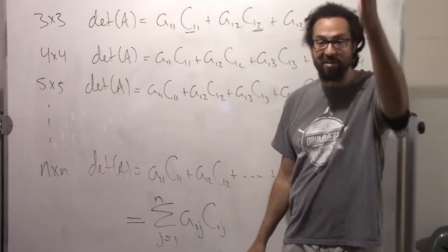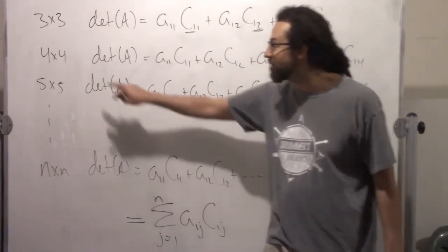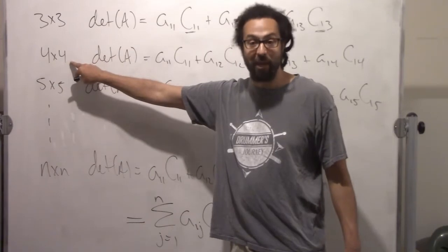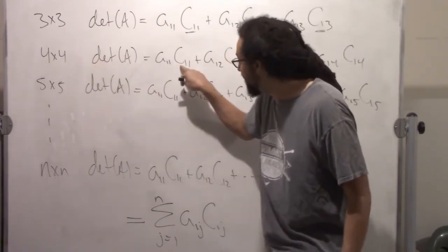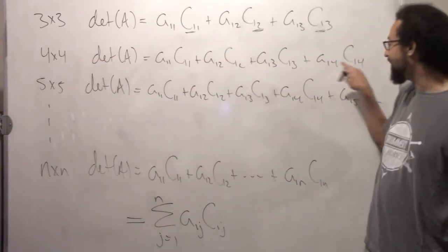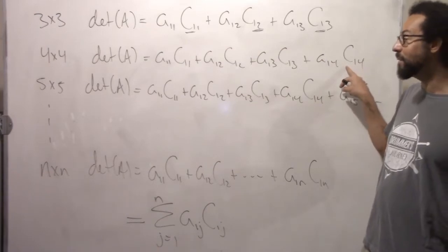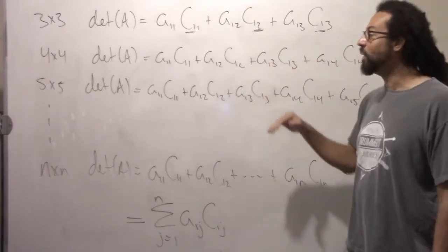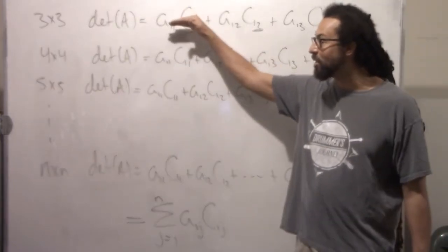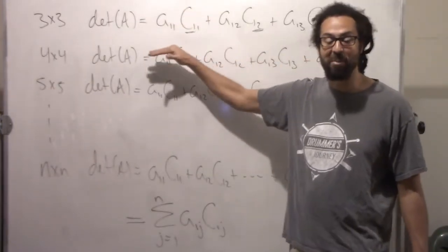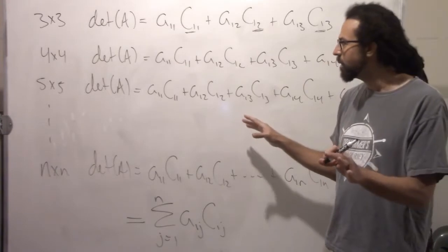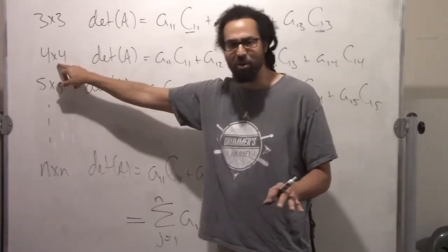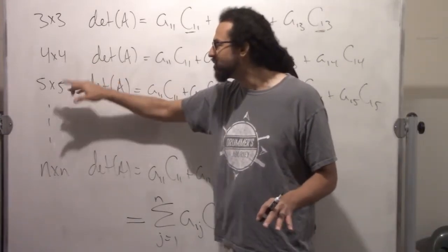Well, if you cross out one column and one row of a 4 by 4, you will get a 3 by 3. So each one of these things requires taking a 3 by 3 determinant. What is a 3 by 3 determinant? It's this. So we needed to know what a 3 by 3 determinant is in order to compute a 4 by 4 determinant.